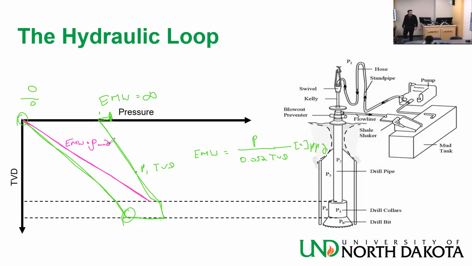Except on the surface, of course, you're going to have 0, 0 again, but anywhere throughout the hole, it's going to be rho mud, basically, because you don't have any frictional losses. The frictional losses make the line lose slope.